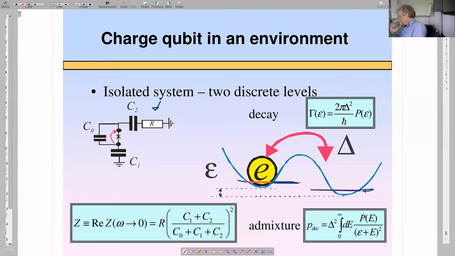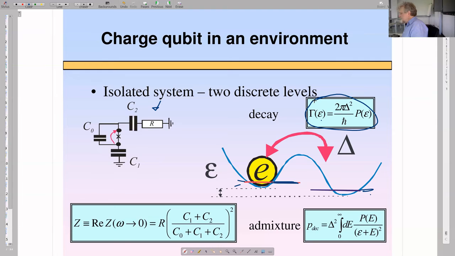So we apply some epsilon, we shift energy levels between the dots. There's an excited state, there's a ground state. And if an electron is put in the excited state, sooner or later it will tunnel to the right, and this is the decay rate. All right. What controls this decay rate?